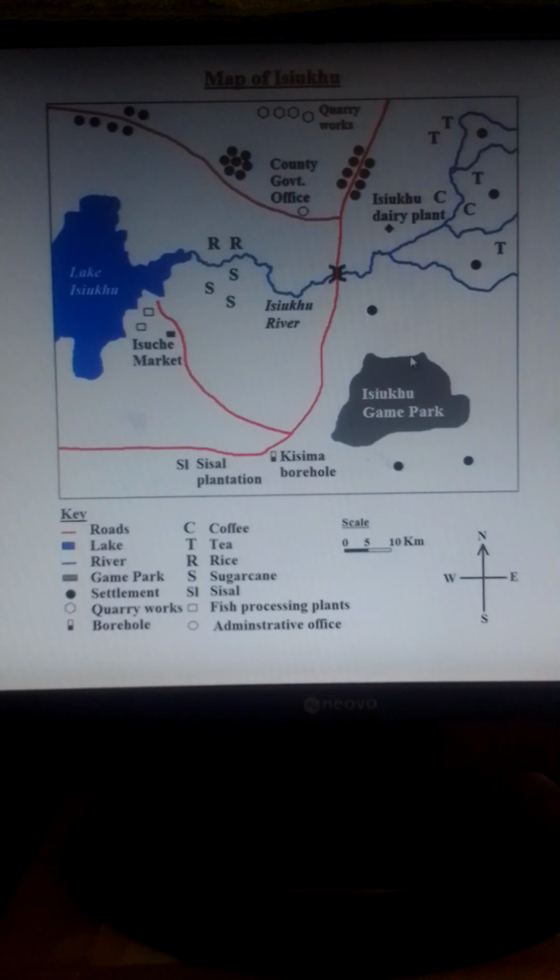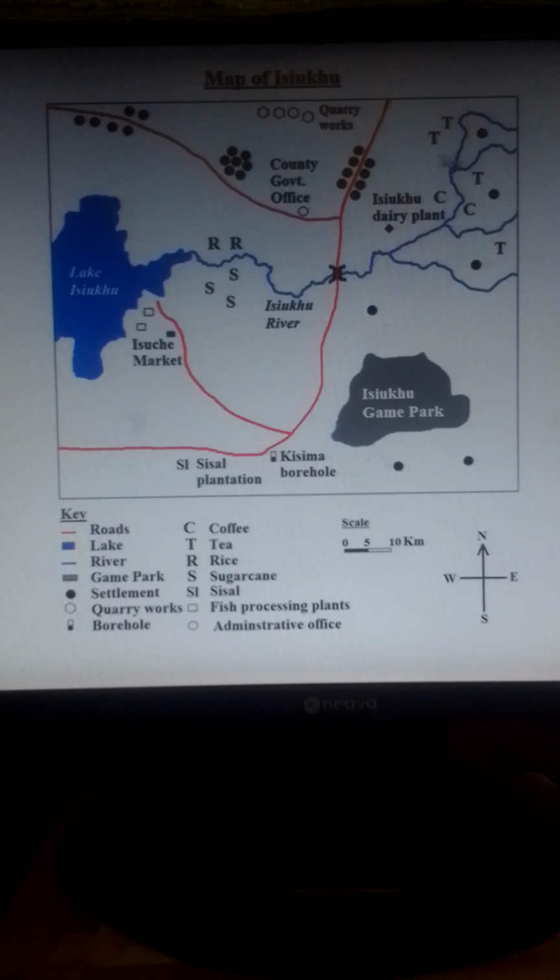Now how do we tell whether the area has got a cool and wet climate? We look at the crops, like if there is tea, there is coffee, there is dairy, and highland relief, like mountains. They show that the climate of the area is cool and wet.